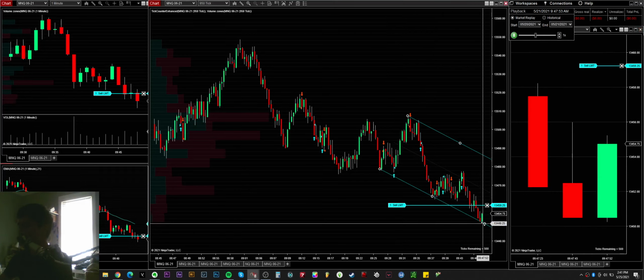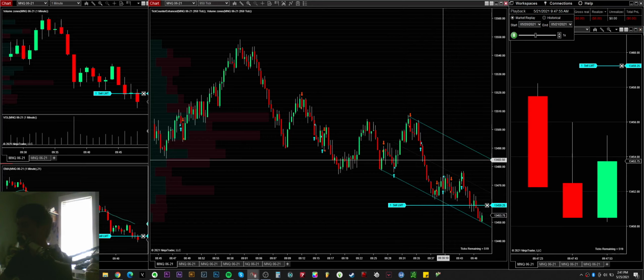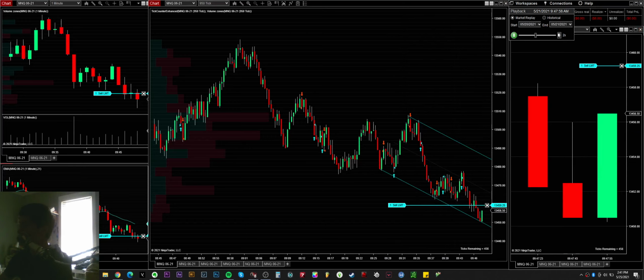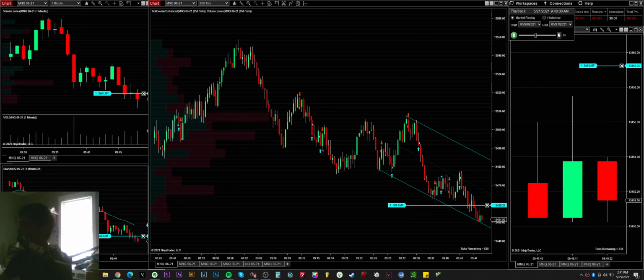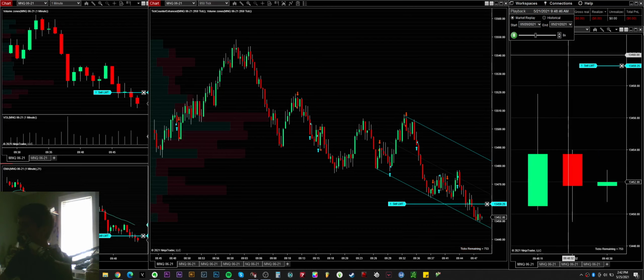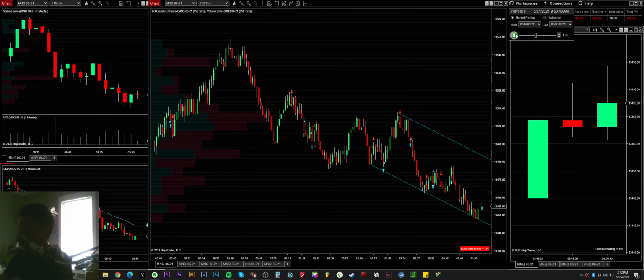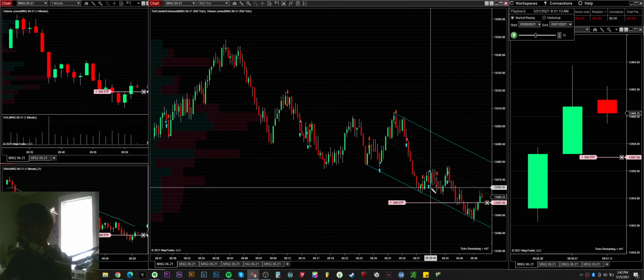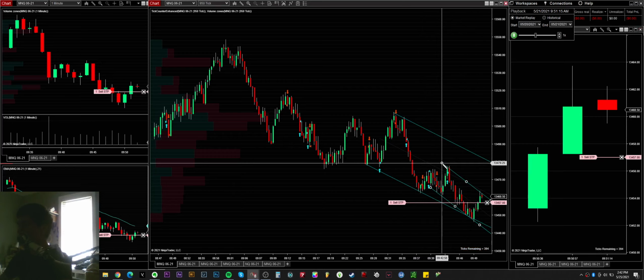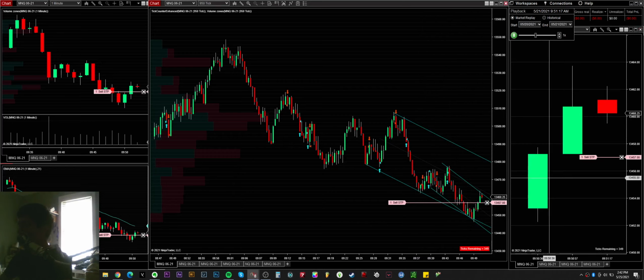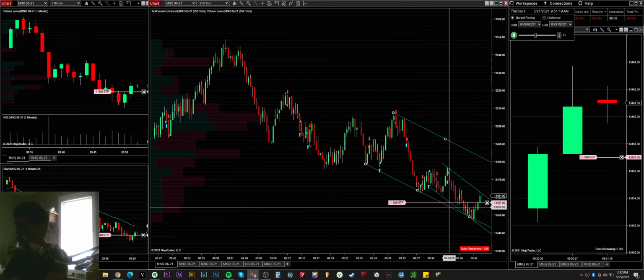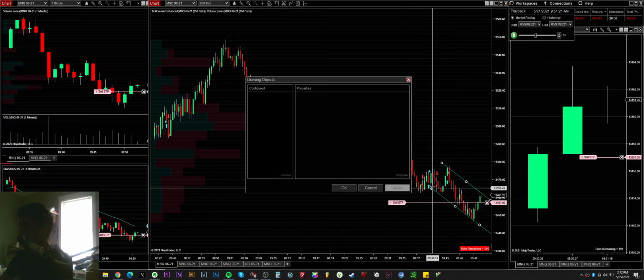Probably adjust it as such. Okay. So nice to see that confirmed. Unless the trend's a little bit tighter like this. And this is textbook second entry here. Could potentially be this instead.